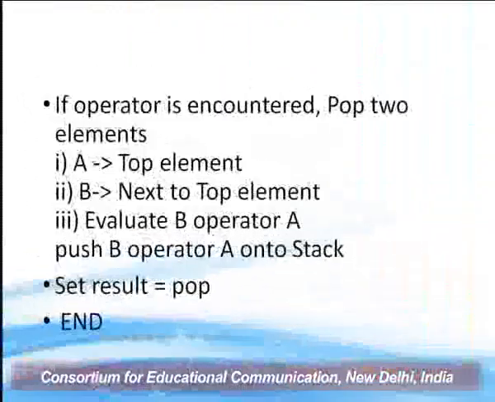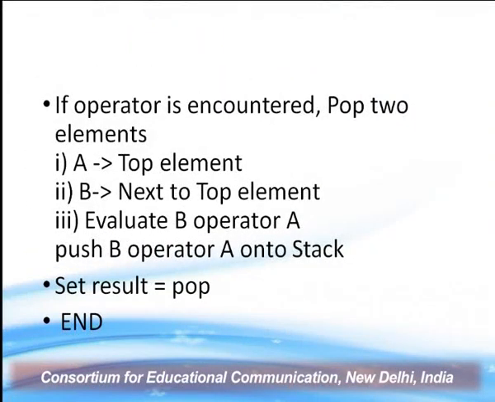So, if an operand is encountered, we push it onto the stack, and if an operator is encountered, we need to pop the two topmost elements from the stack, which are A and B, and then we evaluate B operator A. Whatever the result of B operator A will be, we will be pushing that onto the stack, and then this will keep on continuing.